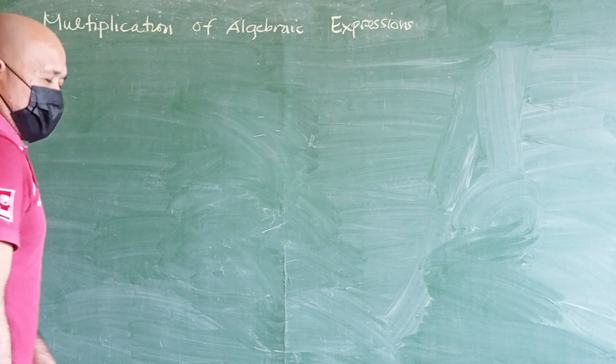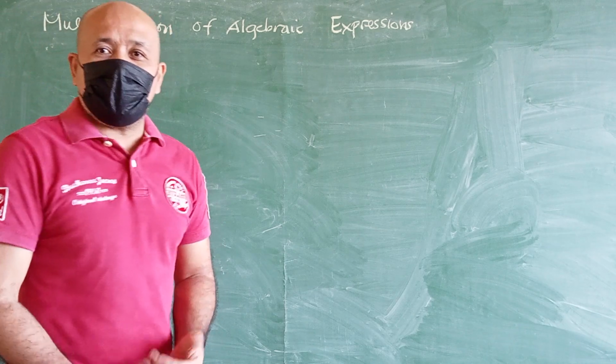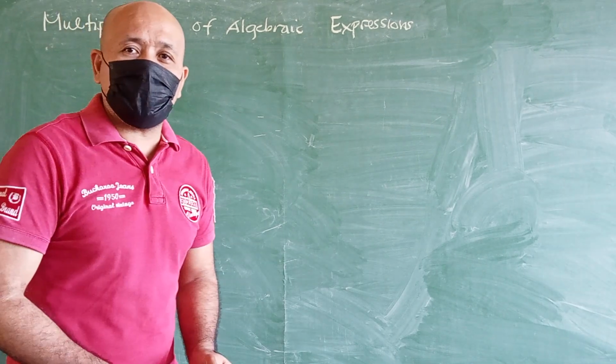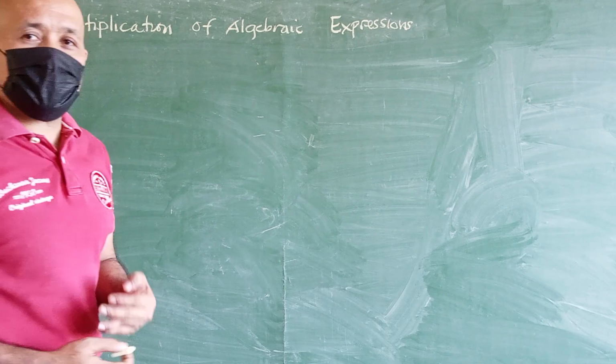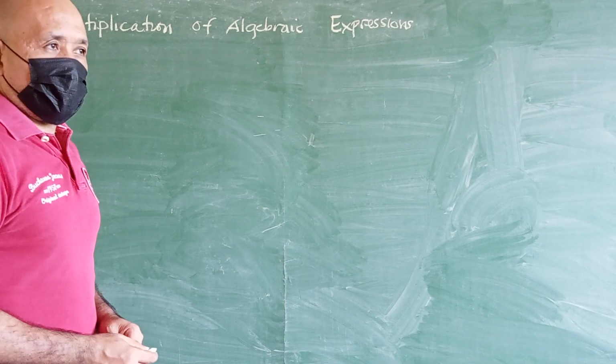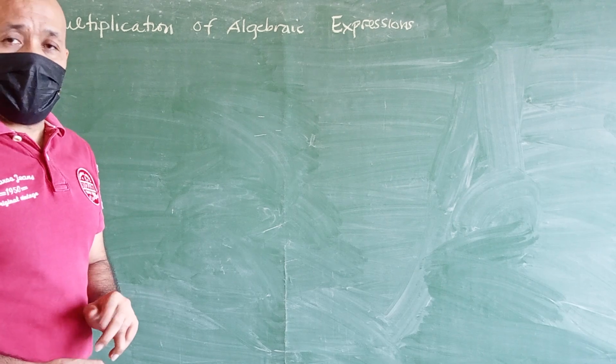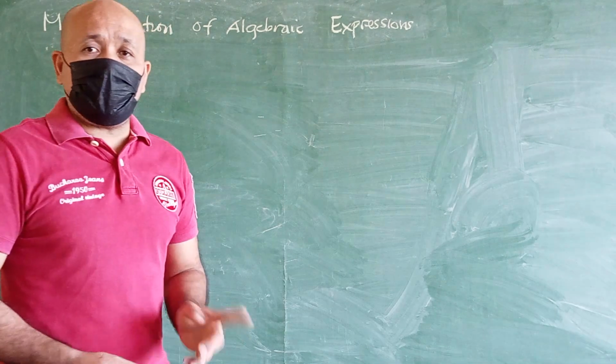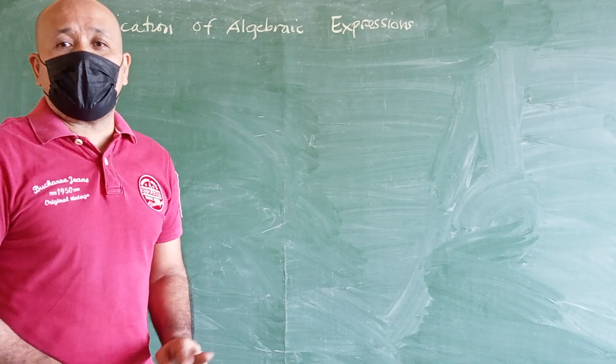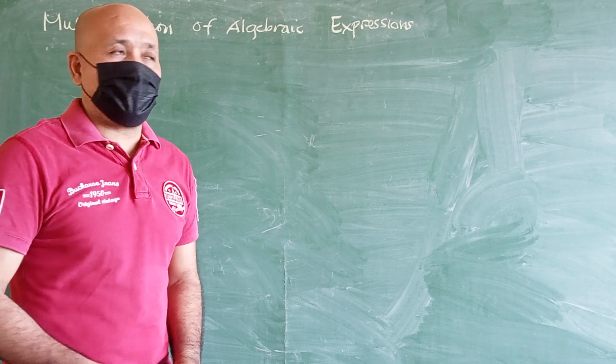So welcome back. This time, as we continue with the multiplication of algebraic expressions, let us proceed to multiplying a monomial and a binomial, or binomial and binomial, or shall we say trinomials or multinomials.